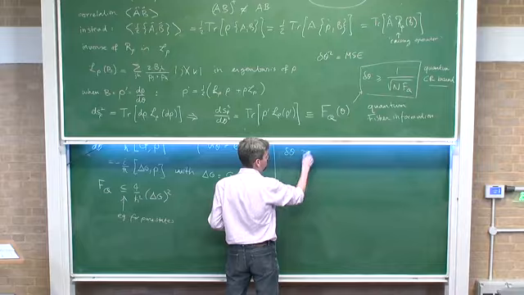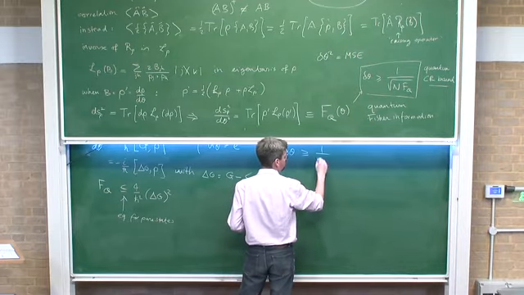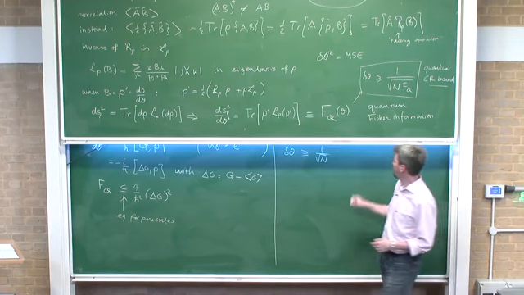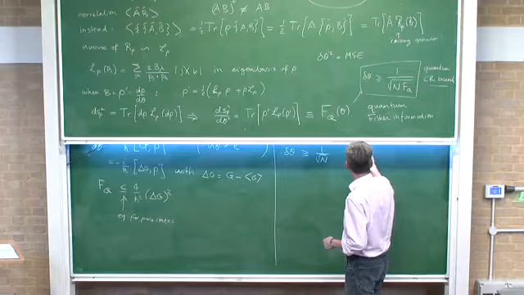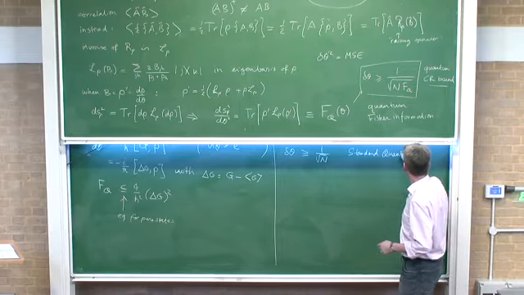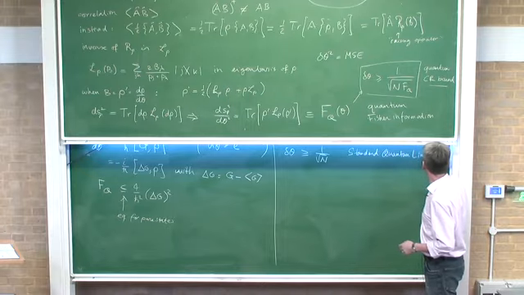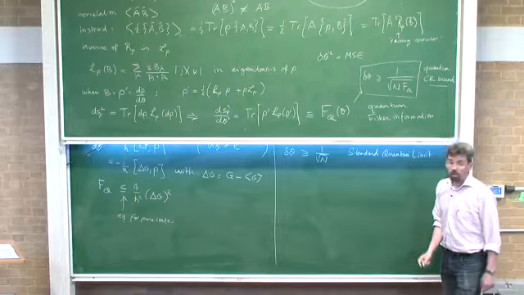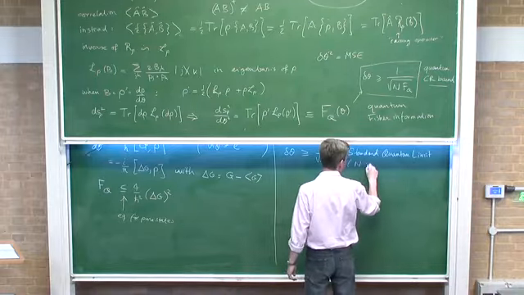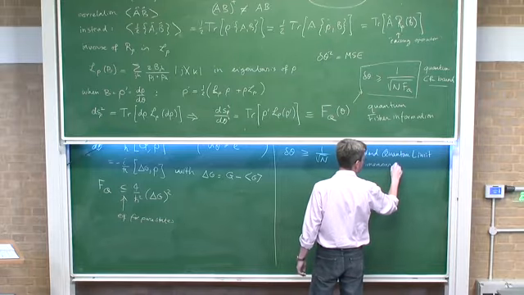So this goes with 1 over root n, and this is called the standard quantum limit. So this crucially is n measurements.